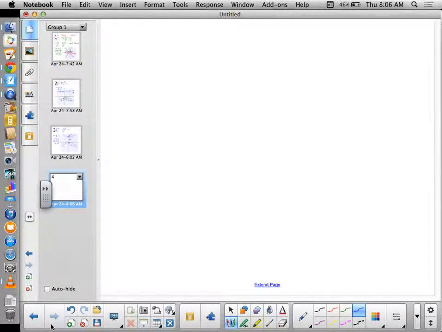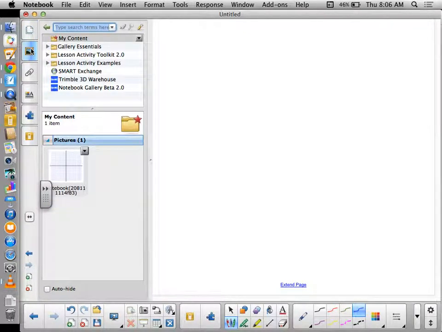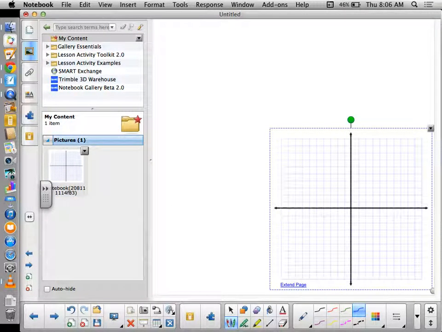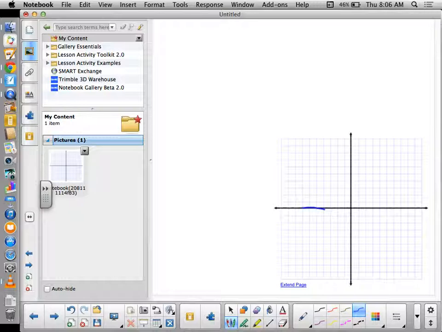Solving algebraically. A lot of people struggled with this one, which kind of surprised me. It's just a parabola and a line. So if we start with the sketch, y equals 3x minus 1.